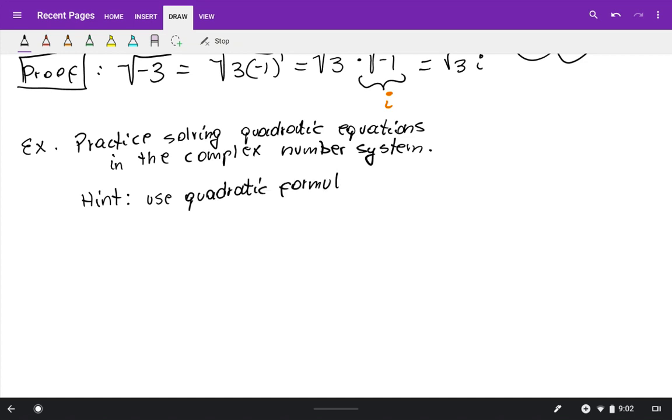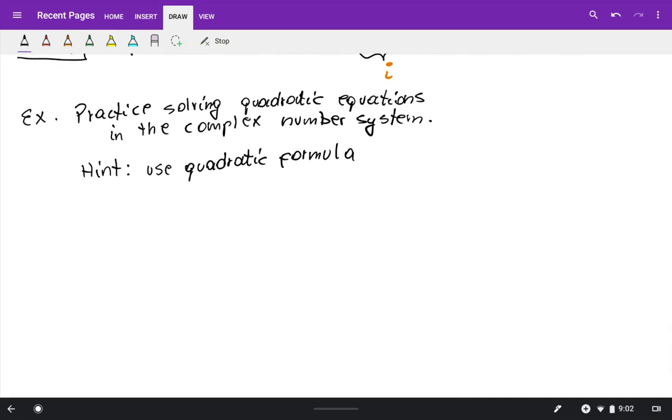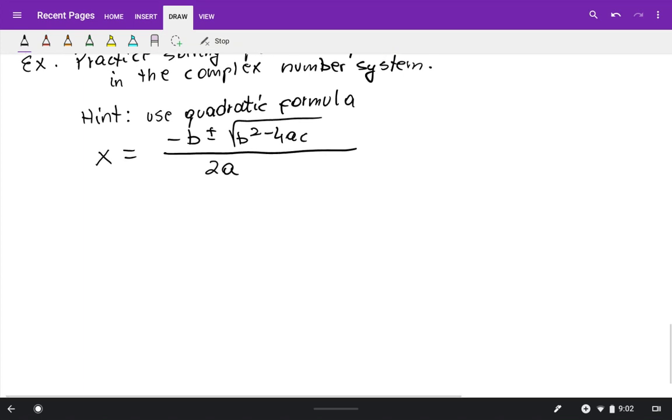When you're getting that nasty solution, that means you won't be able to factor. Use the quadratic formula. Let's just review that: x is equal to negative b plus minus square root of b squared minus 4ac, that's the discriminant, and everything divided by 2 times a. We're going to do two examples.